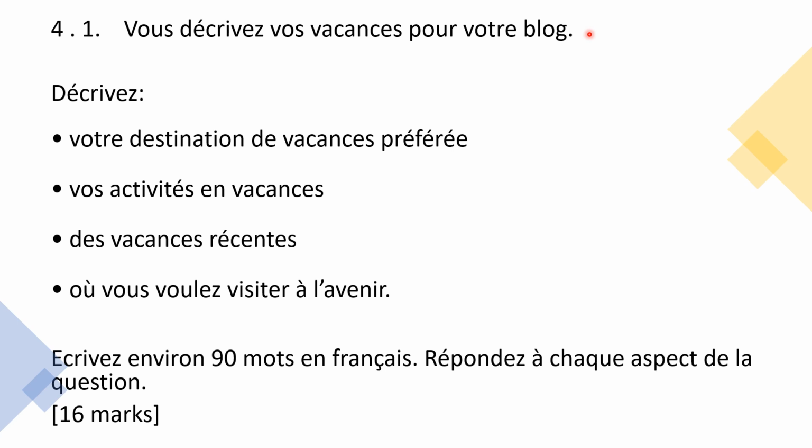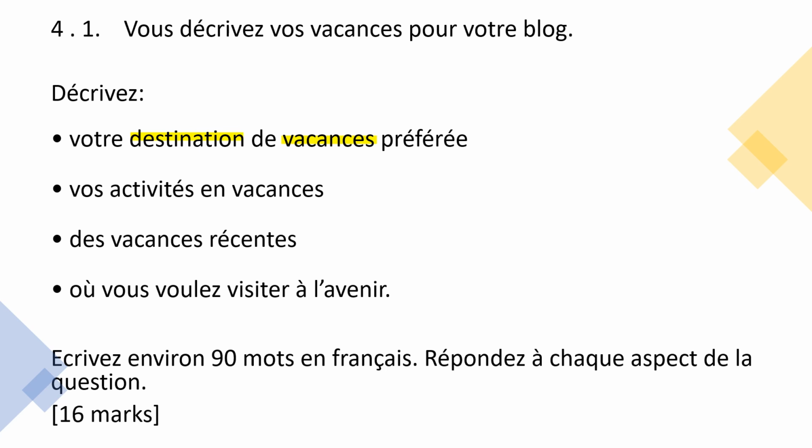And then you will have your 4 bullet points. Okay, so going through our 4 bullet points, we need to make sure we know exactly what they mean. So, votre destination de vacances préférée. So we see we're talking about holidays, vacances.